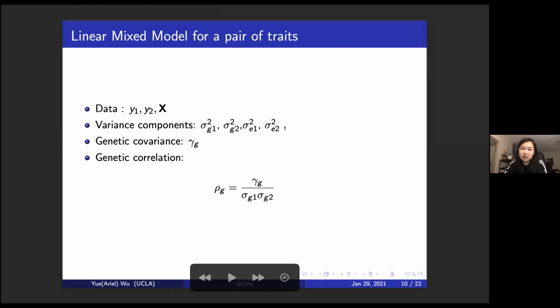We are also trying to estimate the genetic covariance gamma G, and having these estimates, we have an estimator for genetic correlation, which is rho G.